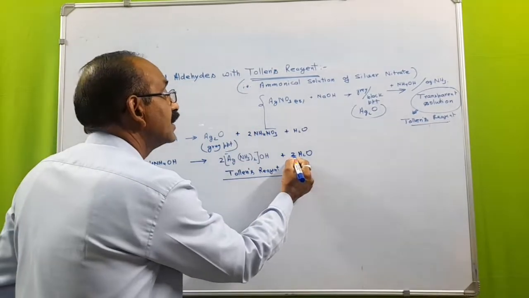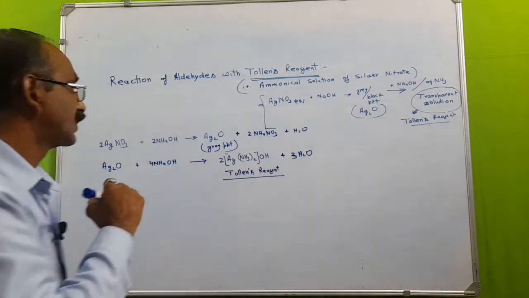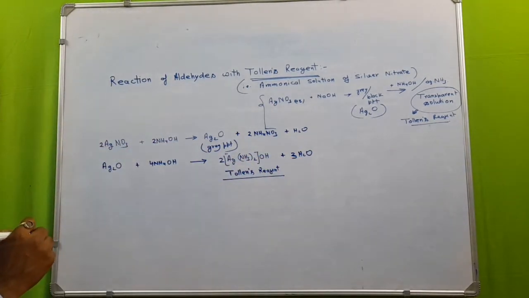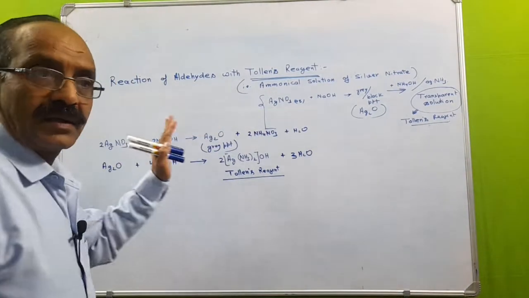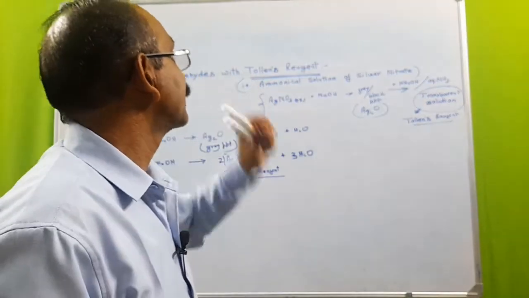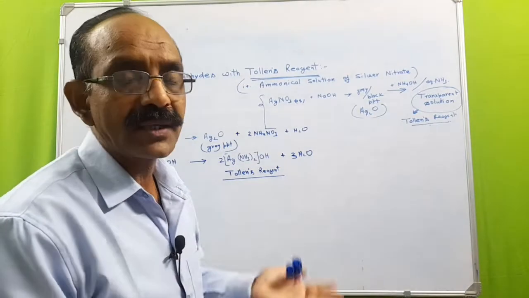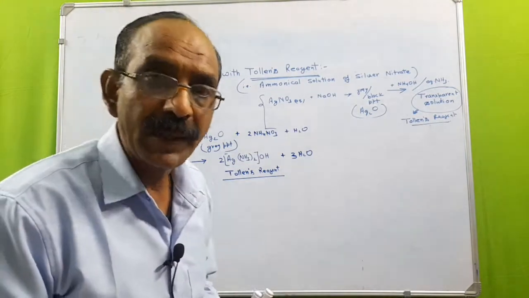I think here it should be 3H2O. Then it will be balanced. Okay. Now, this was the information regarding the Tollen's reagent, that what is the Tollen's reagent and how it is prepared.